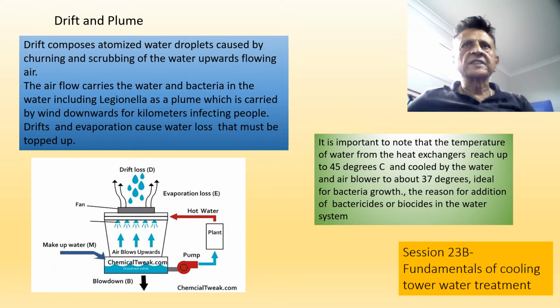The drifts, besides evaporation, cause water loss that must be topped up. We also can lose water through drifts from the sides as the water is falling down. So normally they install drift eliminators or slats to prevent the excess of water being taken away or blown out or falling out of the cooling tower.